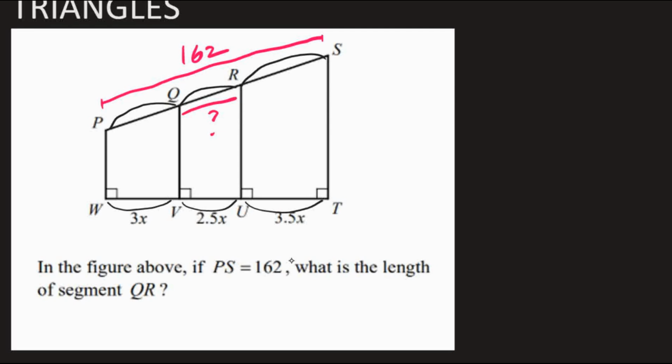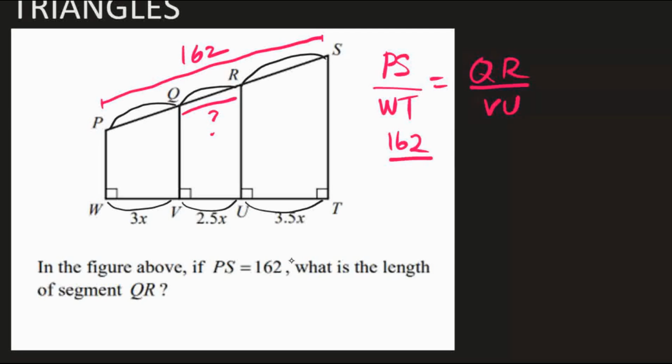We can make the ratio in here. Our ratio will be PS over WT, because the ratio is the same, equals QR over VU. So now we get PS is 162, WT is 3x plus 2.5x plus 3.5x, so we just write down here.